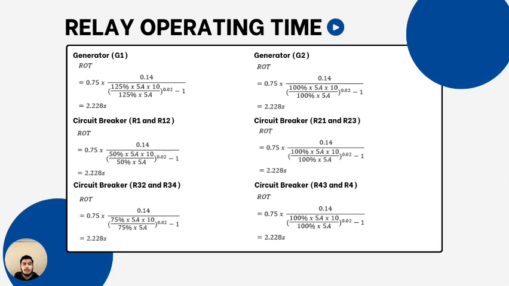All our equipment has different values, but it ends up being the same calculation and the same value: 2.228 seconds for generator 1, generator 2, circuit breakers R1 and R12, R21 and R23, R32 and R34, and finally R43 and R4, all having the same 2.228 seconds for our relay operating time. That's all. Thank you.